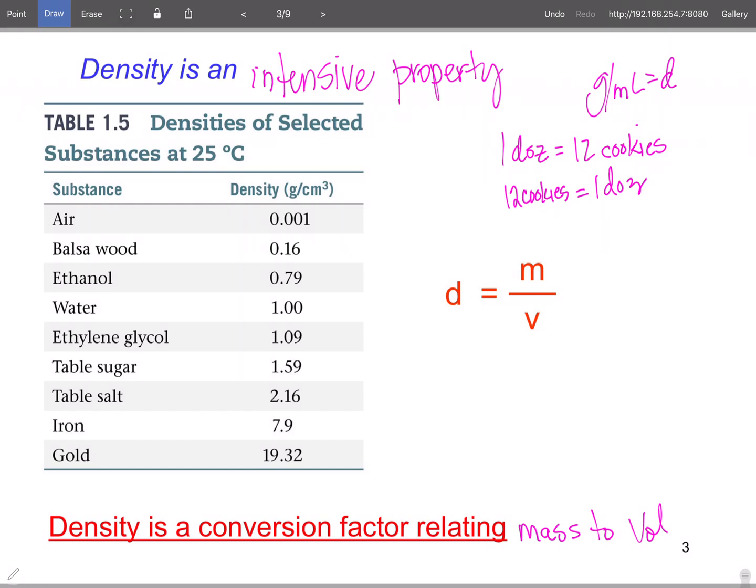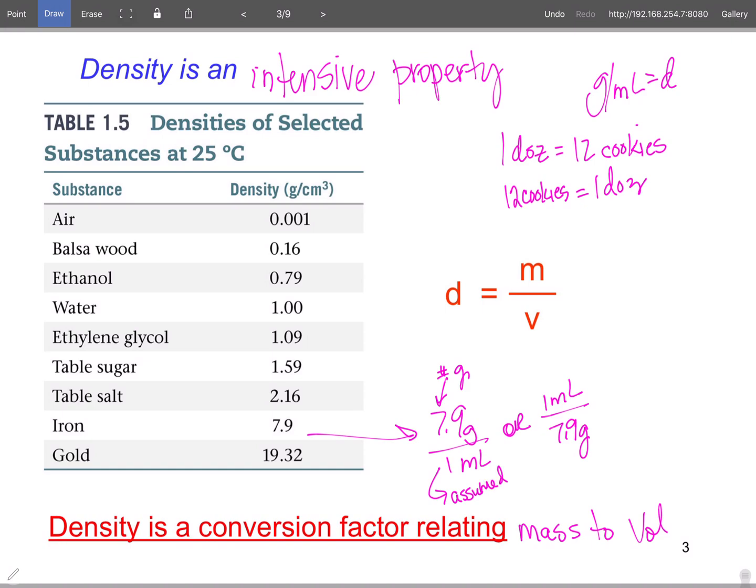So when you look at density, and I'll pick on iron here, this is 7.9 grams per 1 milliliter. Or you can say that 1 milliliter is 7.9 grams, as long as you keep the relationship the same. Notice the number always goes with the grams, and the milliliters are assumed as 1.